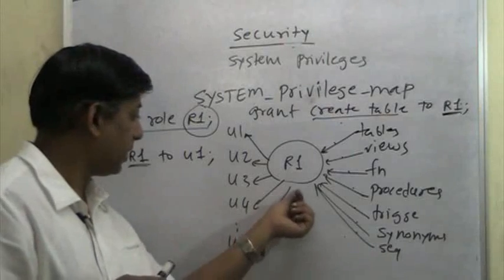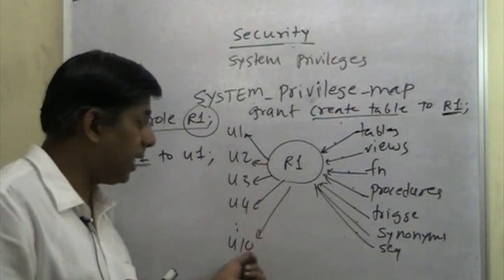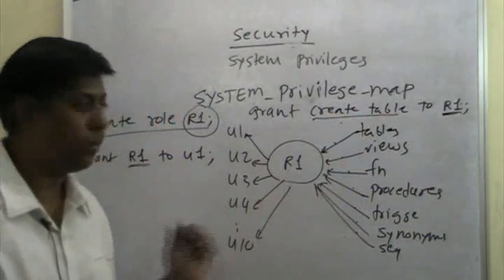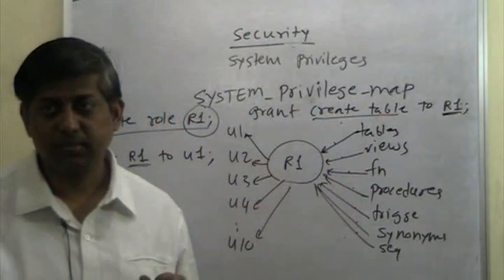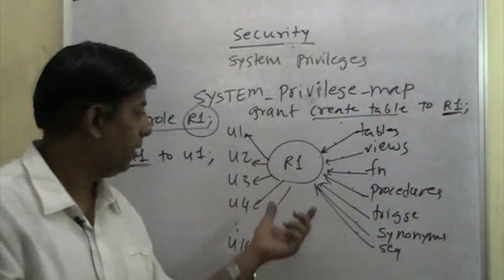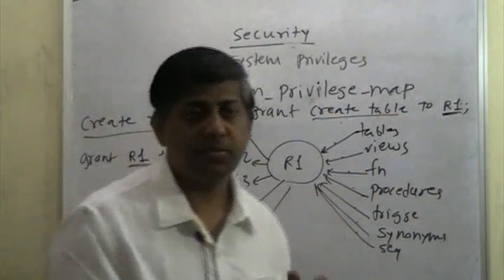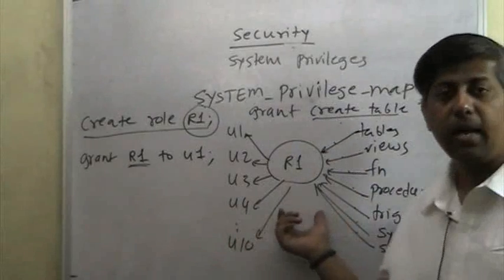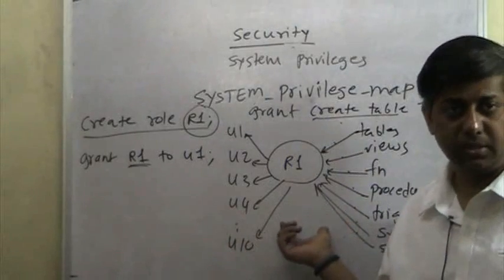Because of this, once I granted R1 to U10, all these privileges will be suddenly granted to U10. The reason for the existence of a role is to save the typing and therefore to save mistakes and to make my administration easier.